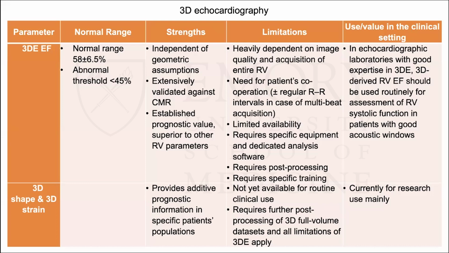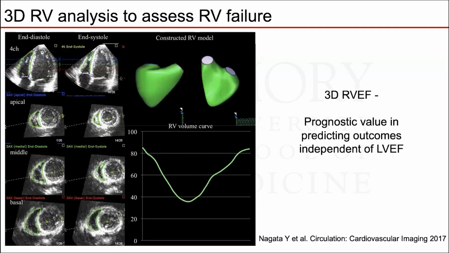Again, 3D echocardiography is best done in experienced hands and is also heavily dependent on image quality and requires training and post-processing. So this is another study that shows that 3D RVEF has prognostic value in predicting outcomes which are independent of LVEF in patients with valvular heart disease.